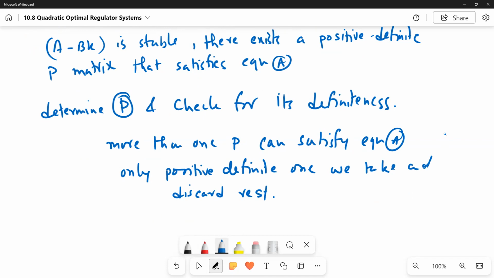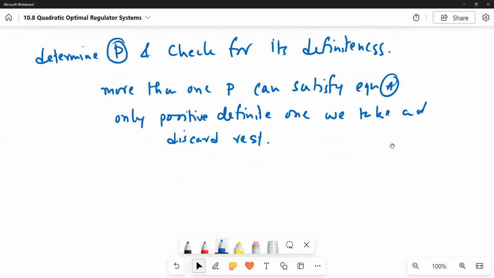Now our ultimate objective is figuring out that P matrix, and in the same way figuring out our performance index. Since we already figured out our J, J can be written as the integral from 0 to infinity of x star (Q plus K star RK) x dt. So this is already what we have.